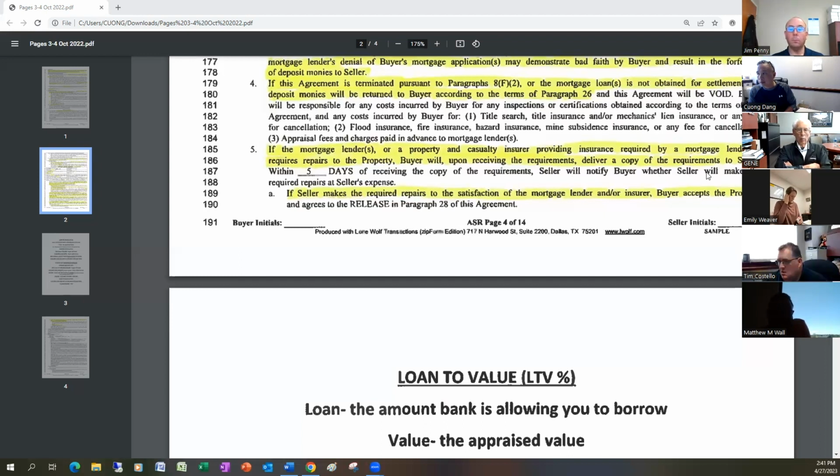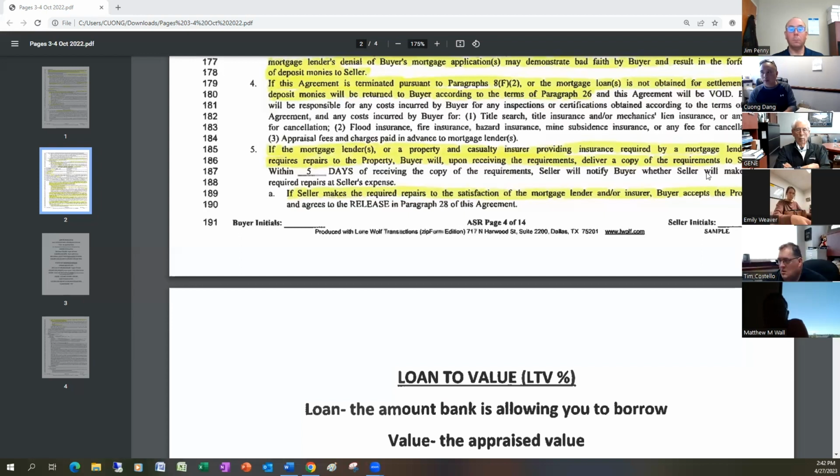Okay. So let's say we have an FHA deal. The lender says we need handrails. Okay, handrails and chip paint, those 2, right? So A, if the seller makes the required repairs to the satisfaction of the mortgage lender and or insurer, buyer accepts the property.